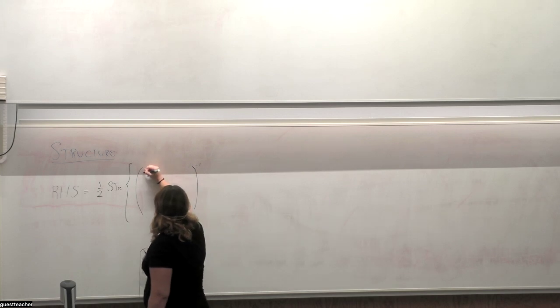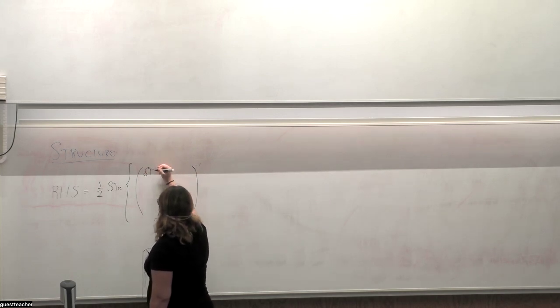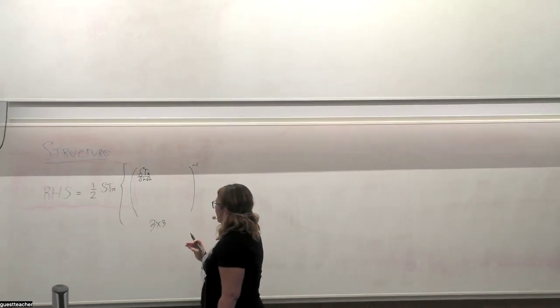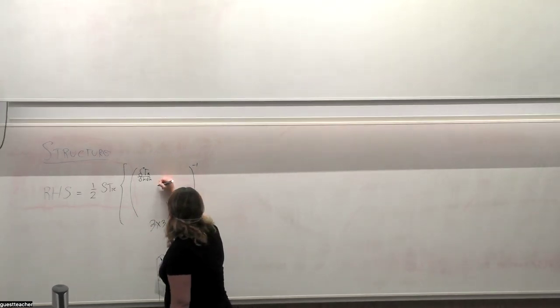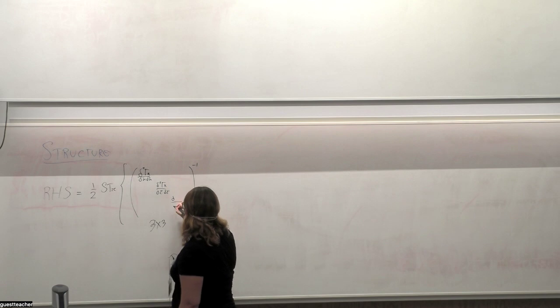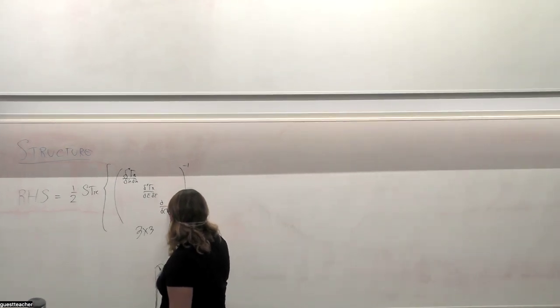So for instance, here we would have as a first entry the second variation of gamma k with respect to H. Here we would have the second variation of gamma k with respect to C bar, and the same here, C and C.